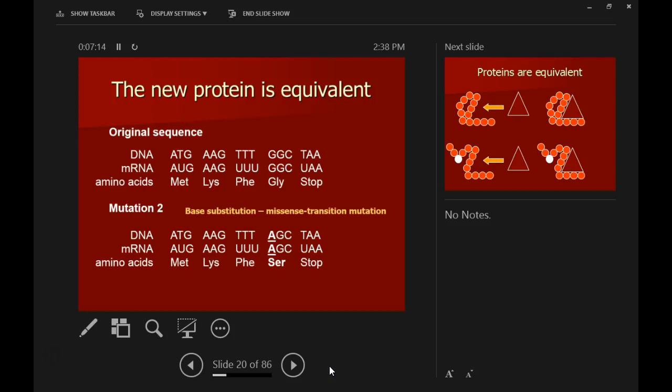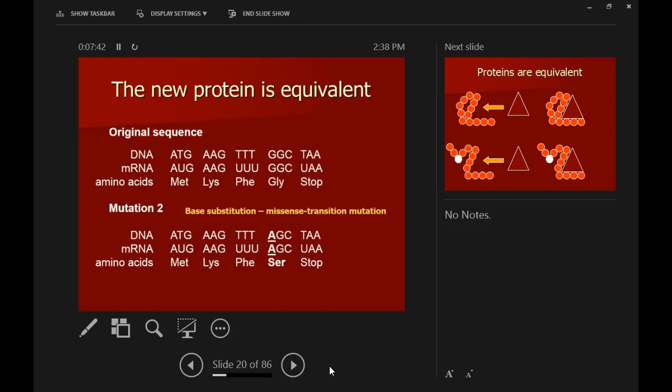Now the opposite of that is what we call a transversion. In that case, we're going to have a purine transferring into a pyrimidine, or a pyrimidine to a purine.